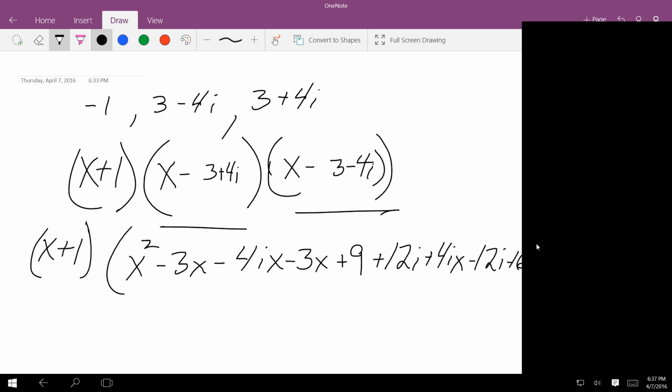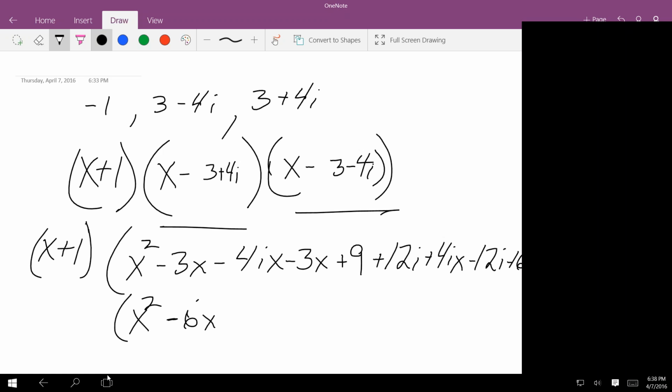I squareds can always be converted to real numbers. What's i squared equal to? Negative 1. So let's rewrite this and simplify it. We got only one x squared. We have a minus 3x, we have another minus 3x, and that's all the x's we have. So we have minus 6x.